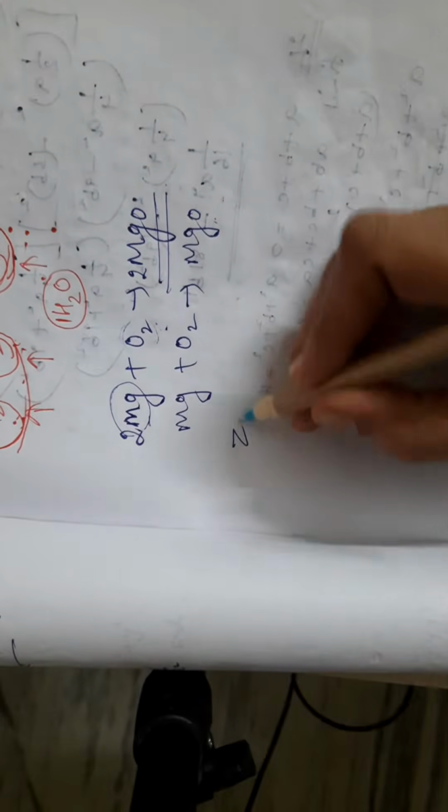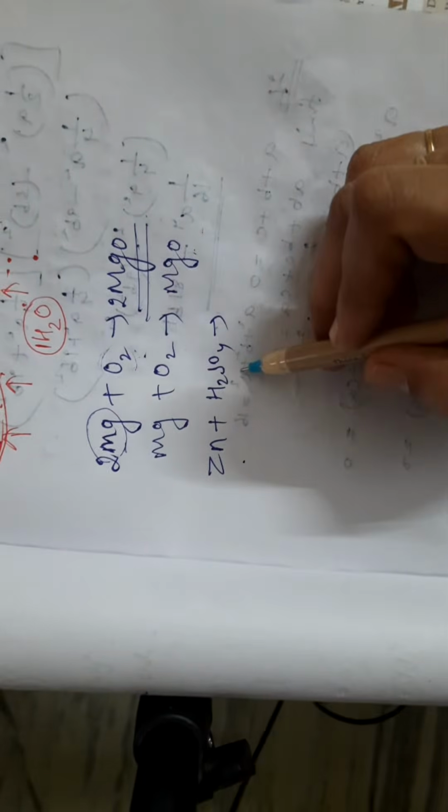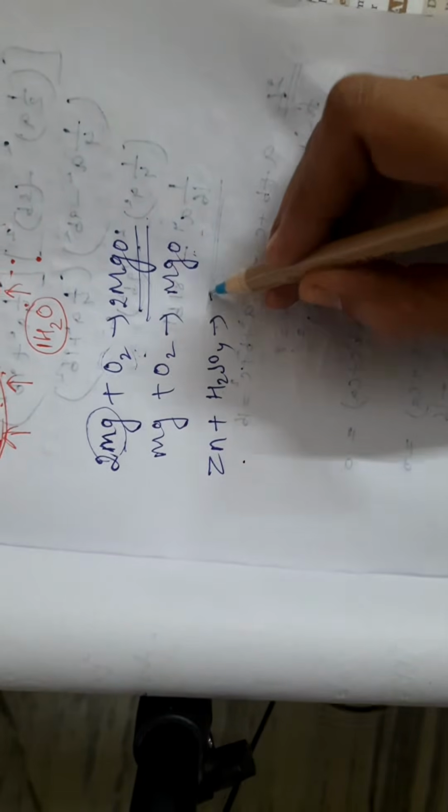So here there will be a reaction between zinc and acid. Zinc reacts with HCl to form ZnCl2 plus hydrogen. We can make the zinc react either with sulfuric acid or with hydrochloric acid. If zinc reacts with sulfuric acid, then there is a formation of ZnSO4 along with liberation of hydrogen.